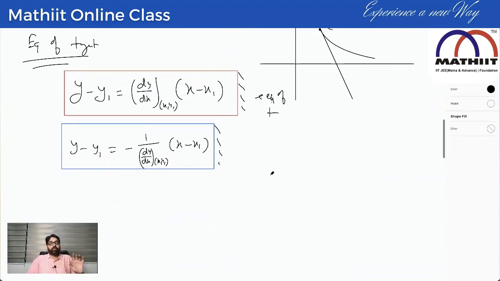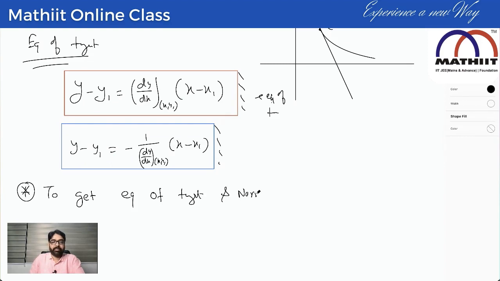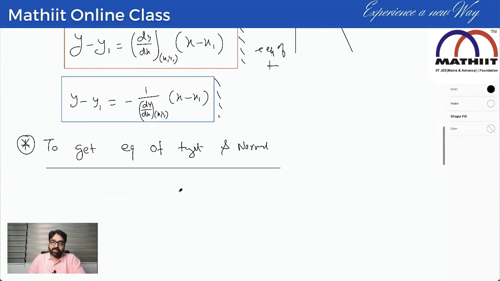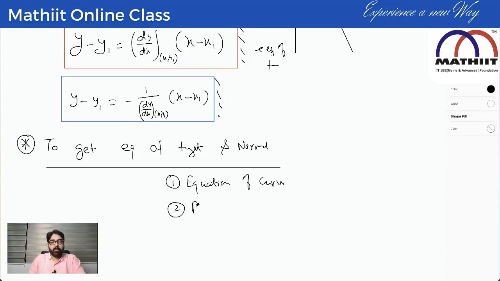Now, to get the equation of tangent and normal, we always require two things. First, the equation of the curve. Second, the point of tangency.